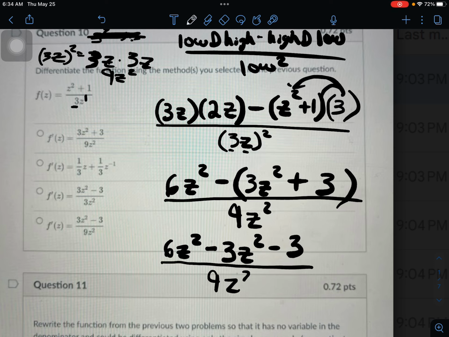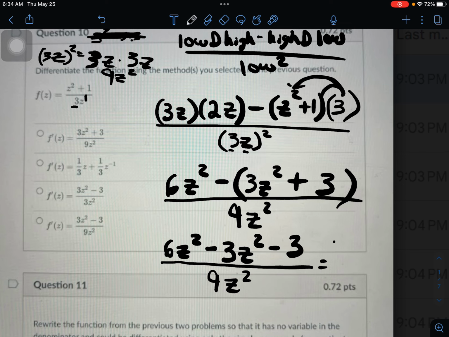9z squared. And finally, I can do a little bit more simplification on the top. I have 6z squared minus 3z squared. So right here I have 6 z squares. Right here I have 3 z squares. And if I subtract them, I had 6, I take away 3 of them, I now have 3 z squares.